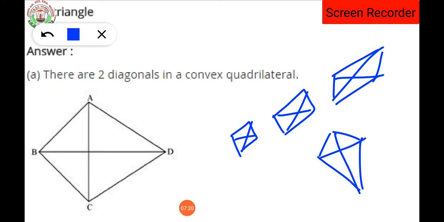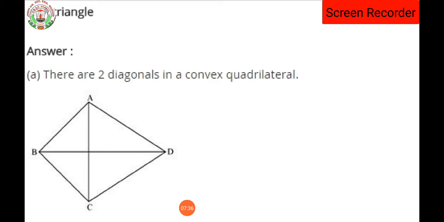It also has 2 diagonals, isn't it? Suppose we are talking about a trapezium. Joining the consecutive vertices, again we have how many diagonals? There are 2 diagonals in each. Clear? So all the convex quadrilaterals have 2 diagonals.